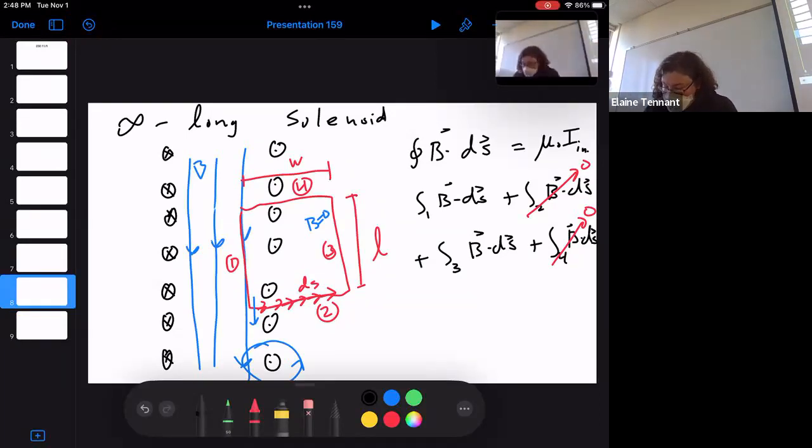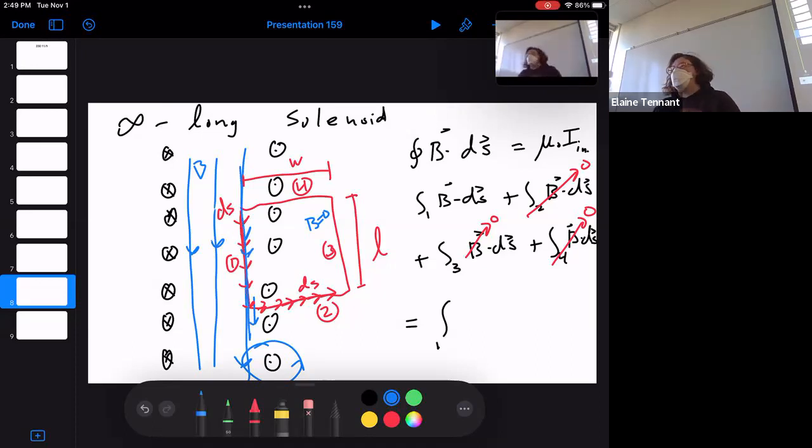Okay, that means that this B goes to 0. That means that this integral is really, we're just looking at side 1, the one inside the solenoid. And so now when I'm doing my B dot ds, my ds's are going like that. My B field's going like that.